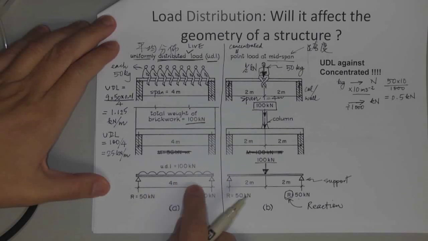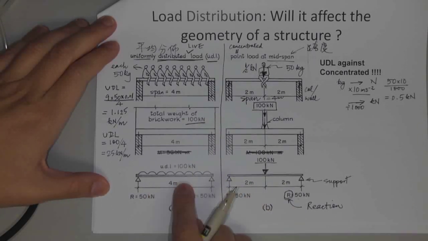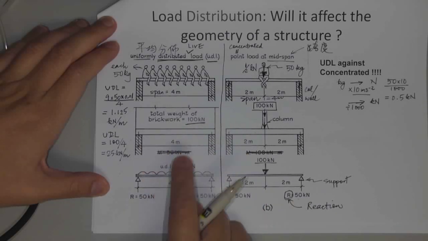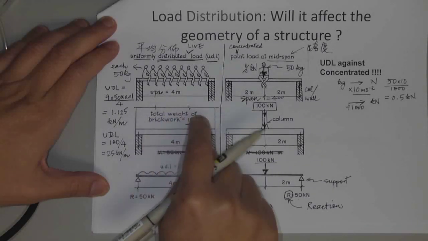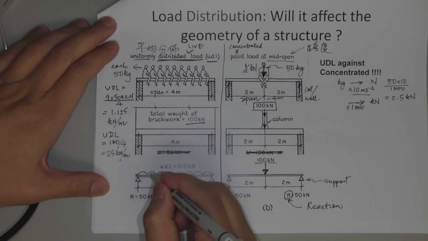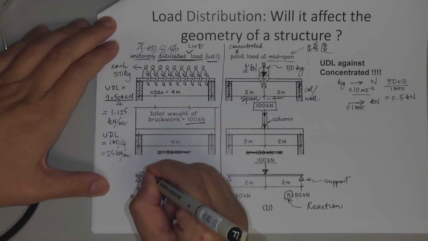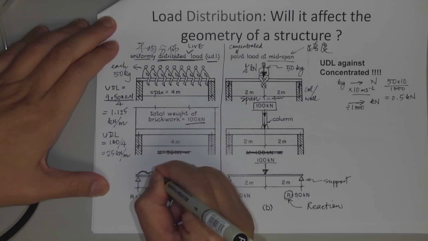And then at the bottom, it's just the same thing, like the concentrated load case. I try to simplify the diagram. Instead of drawing that thing, that is my beam, and then I got 2 supports, 1 on each side, I try to use this symbol to represent UDL. This is just a symbol.